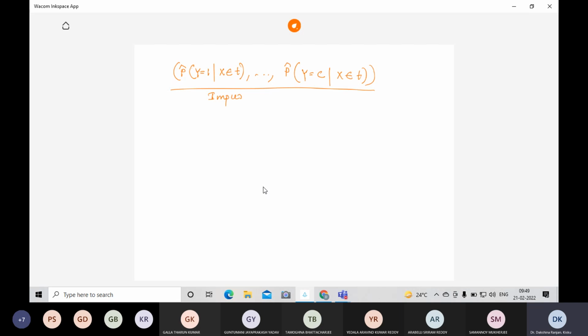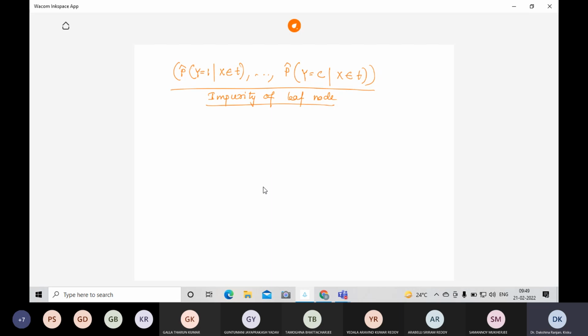Here we measure the impurity of the leaf node by estimating the posterior probability.